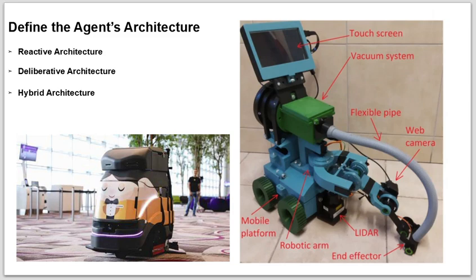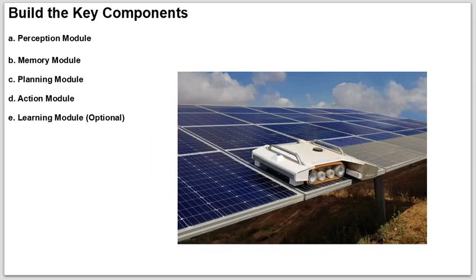It uses quick reflex-like responses for immediate actions and deliberative strategies for goal-oriented tasks. Example, the cleaning robot reacts instantly to avoid obstacles, which is reactive, but plans its cleaning path for maximum coverage, which is deliberative.